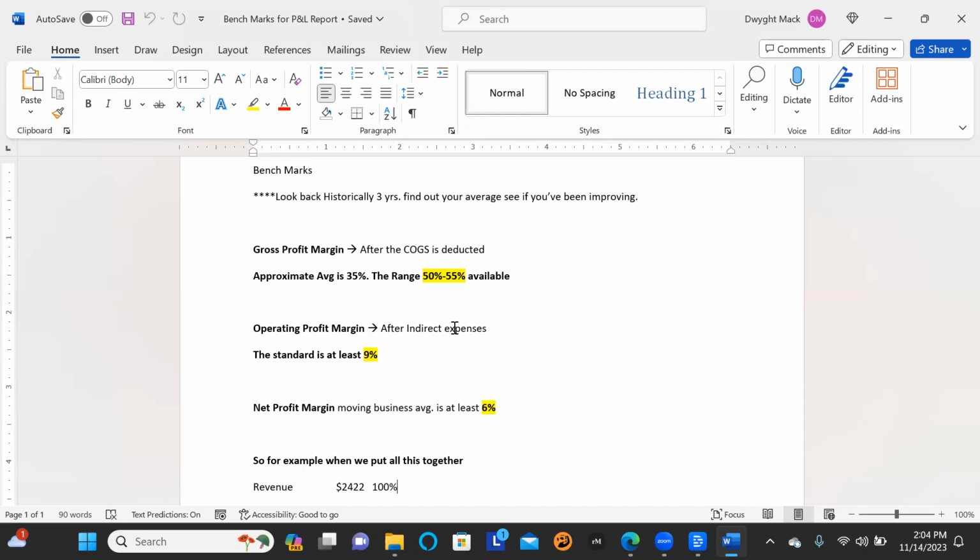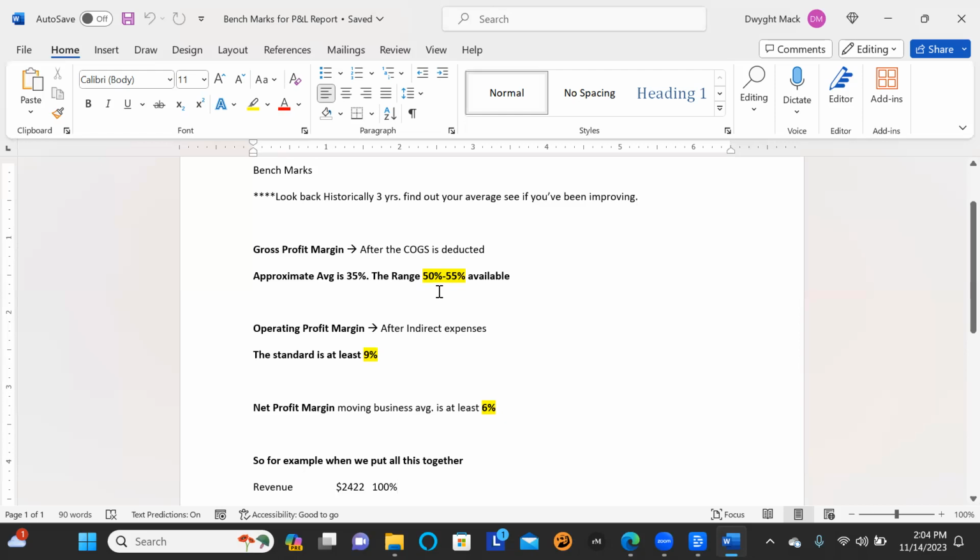So your COGS should be no more than about 50%, 50 to 55, but 55 is on the higher end. It should be 50% or less, so that you have about 50% left going into your general expenses.